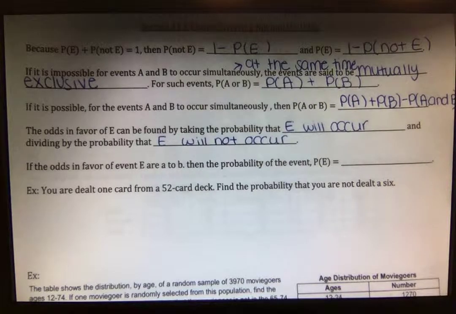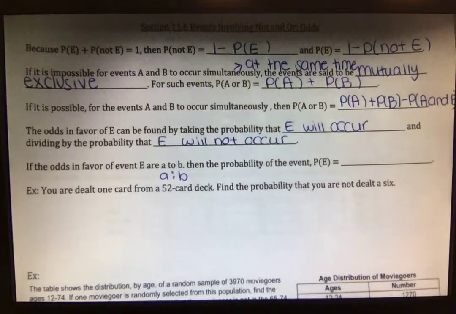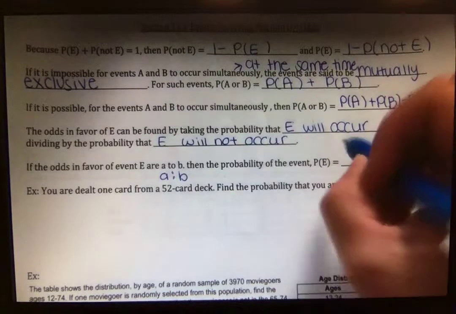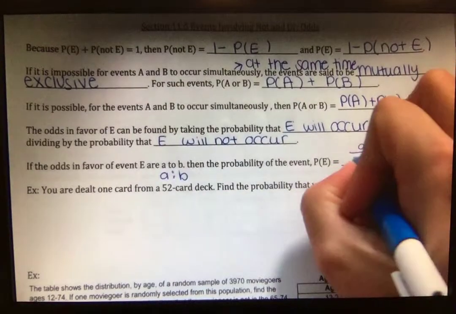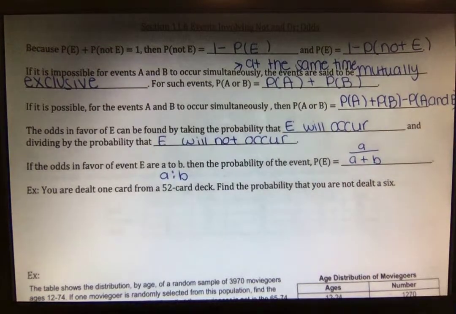Like usual, we'll do some examples of these in a minute. If the odds in favor of an event are A to B, a lot of times they rewrite this as A colon B. Then the probability of that event would be A over A plus B. So that's all of our definition parts.